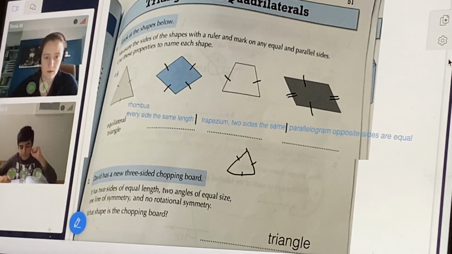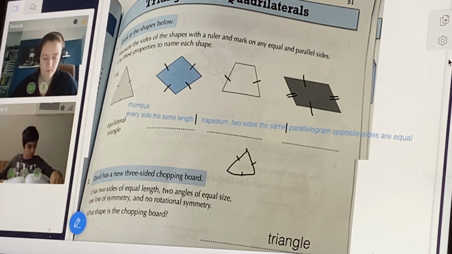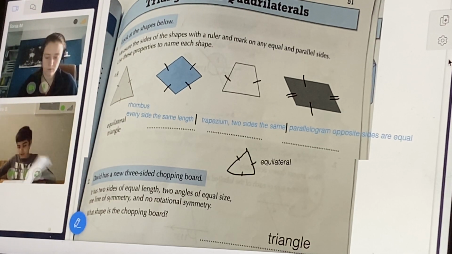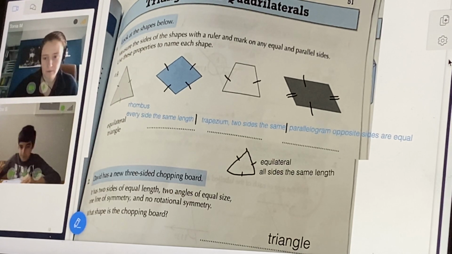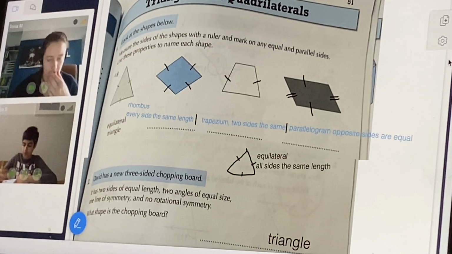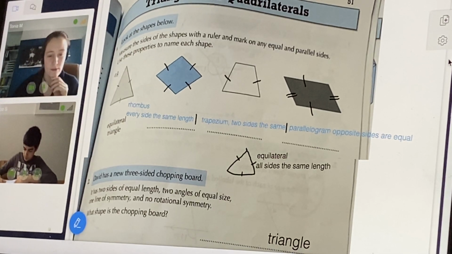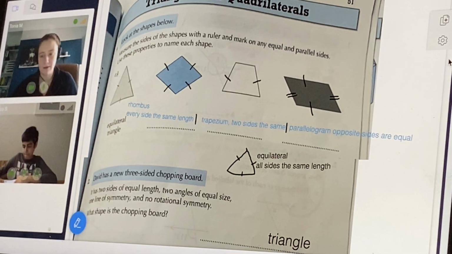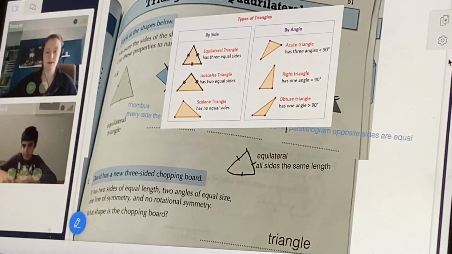So, not an equilateral. What about an isosceles? Are you sure? Why not? Yes, it is an isosceles, because it's got 2 sides of equal length and 2 angles of equal size. Yeah, brilliant.